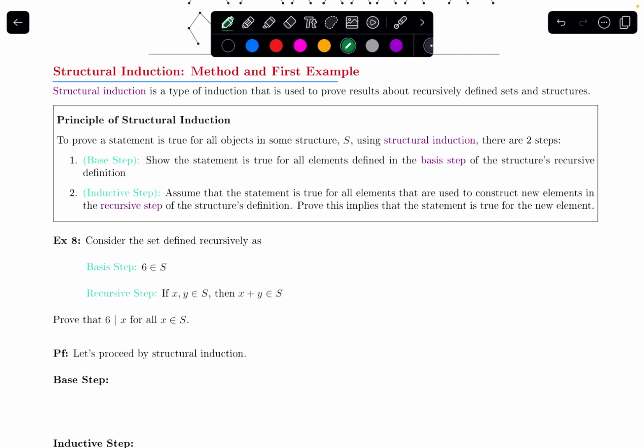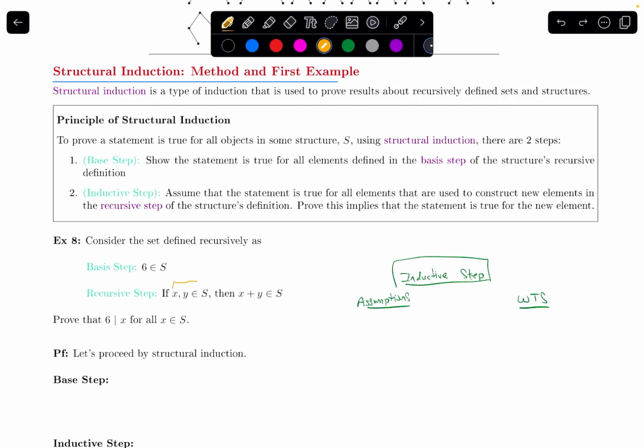In this inductive step, in this example, I would think about my assumptions, what I'm given, and then what it is that I want to show. So the inductive step of structural induction says, the statement I'm trying to prove is that 6 divides x, and let's assume that's true for these old elements, the ones that I use to build new ones.